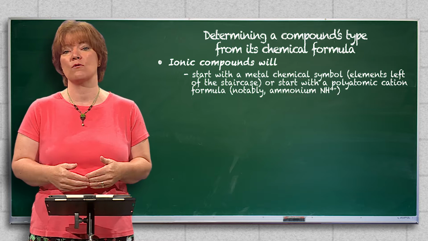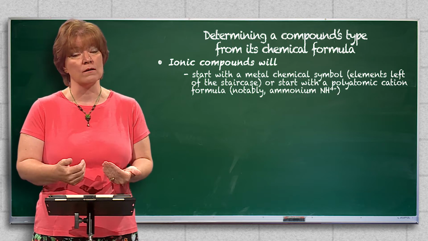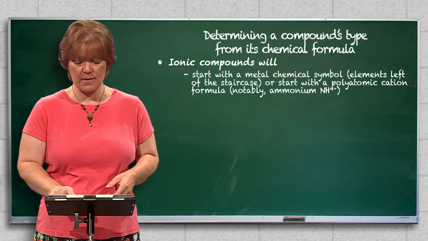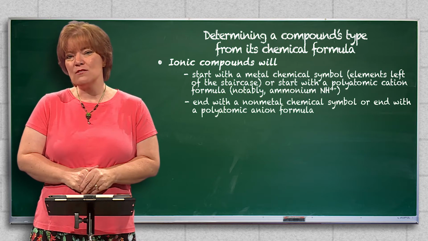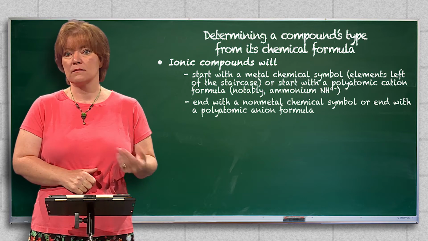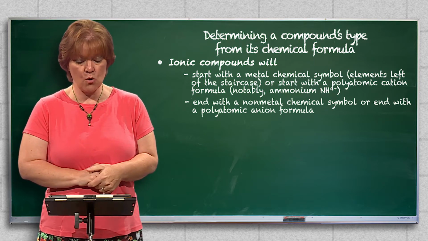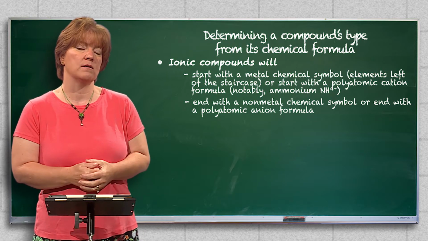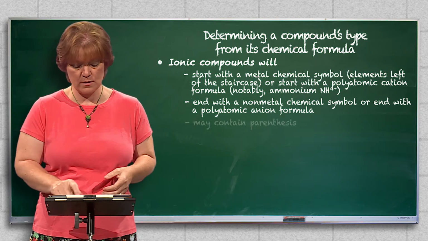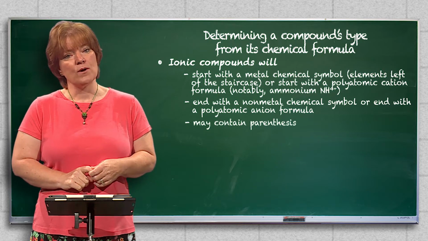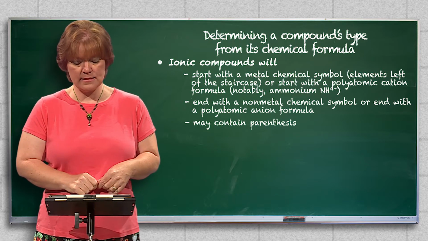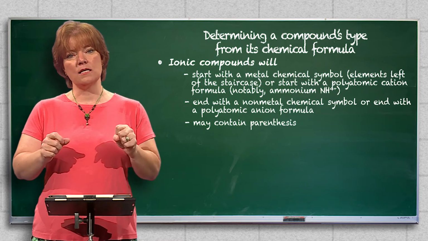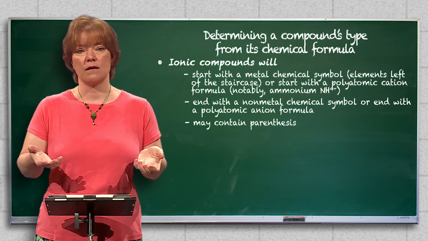So if we're seeing a formula that's beginning with NH4, we're thinking that this is an ionic compound. Also, it will end with a non-metal chemical symbol, or end with a polyatomic anion chemical formula. So I will be looking for those. It may contain parentheses, and that's a key component for looking at ionic compounds.